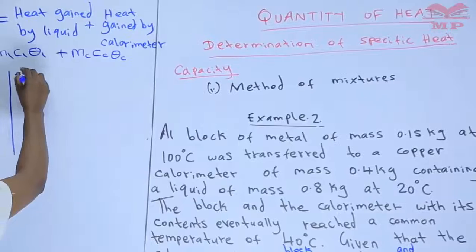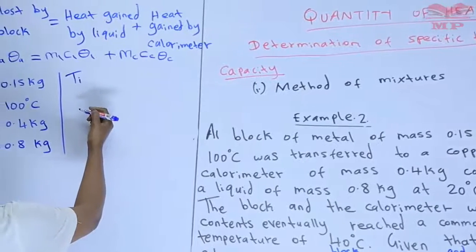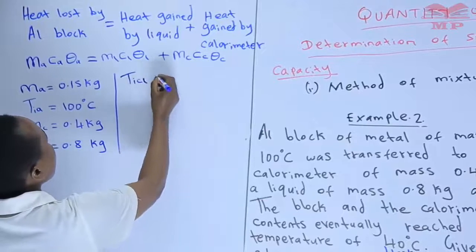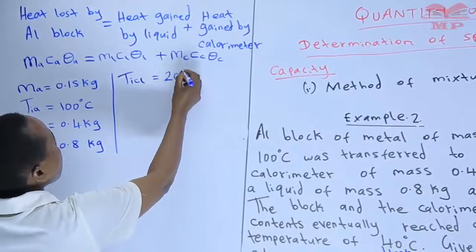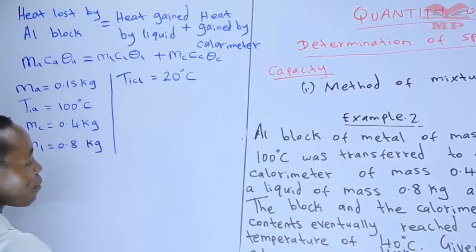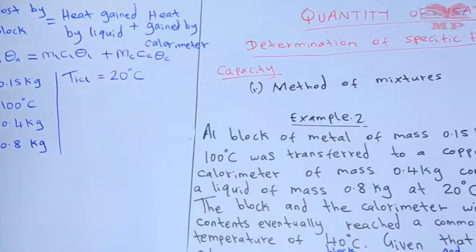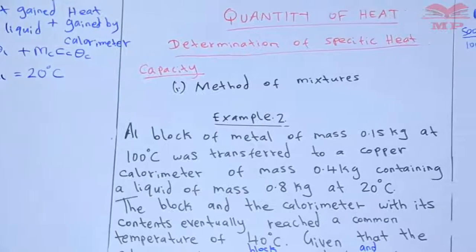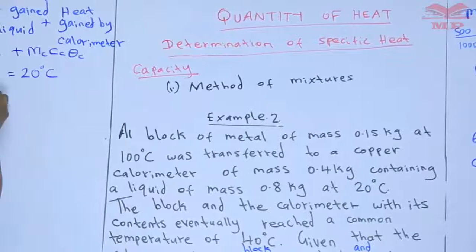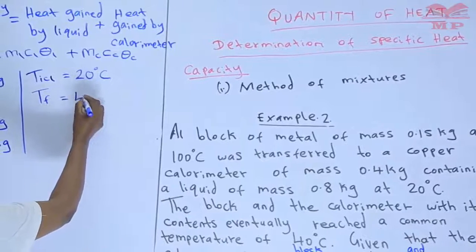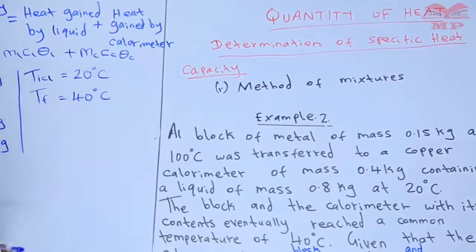So the initial temperature of the calorimeter and the liquid is 20 degrees Celsius. The block and the calorimeter with its contents eventually reached a common temperature of 40 degrees Celsius. So the final temperature, that constant temperature, is 40 degrees Celsius.